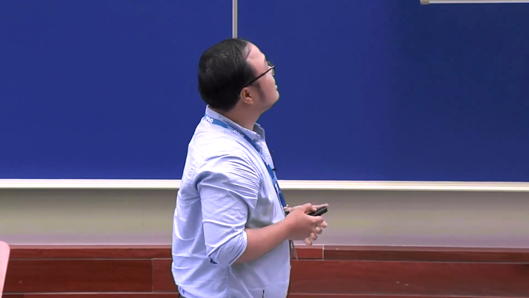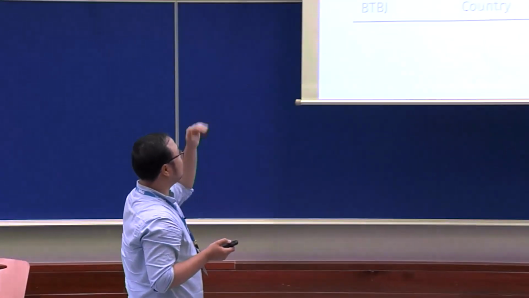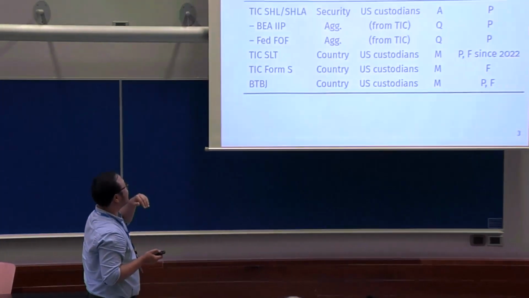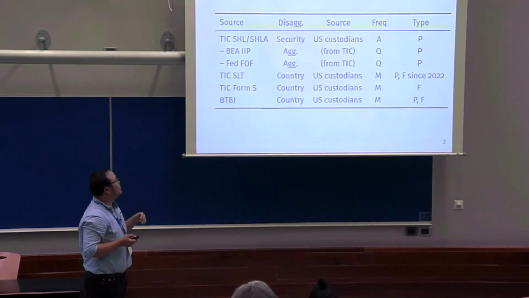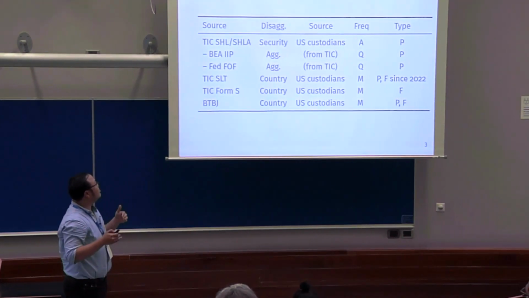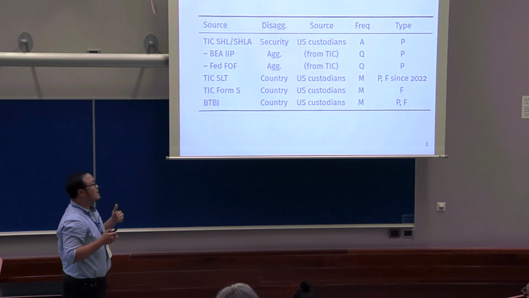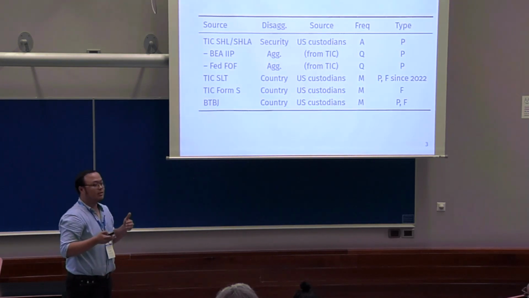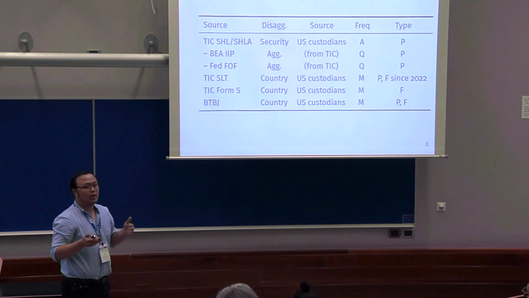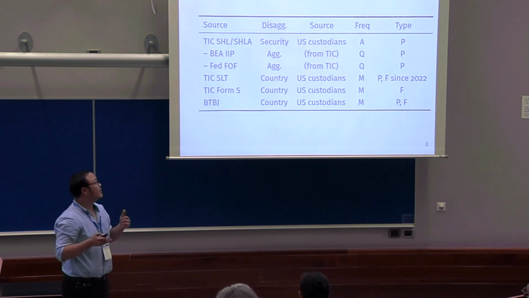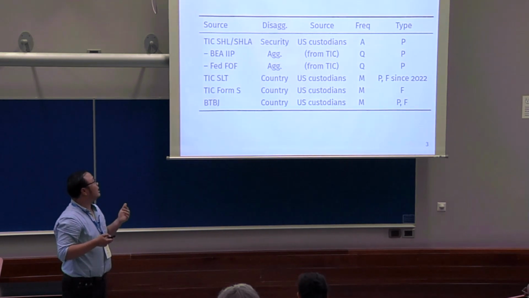Okay. So I just want to quickly summarize the data contribution here by reviewing the different TIC data sources. This paper relies on the TIC SHL form, which all of the US resident custodians of assets for foreigners have to report to the Treasury.